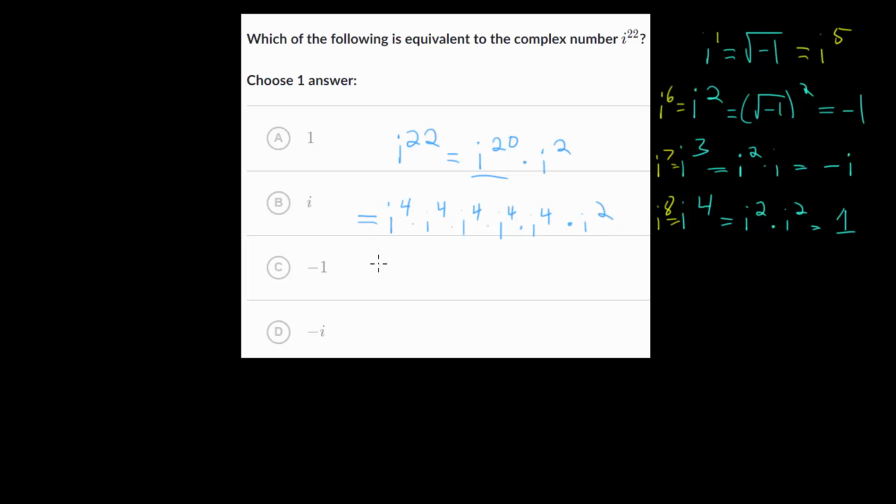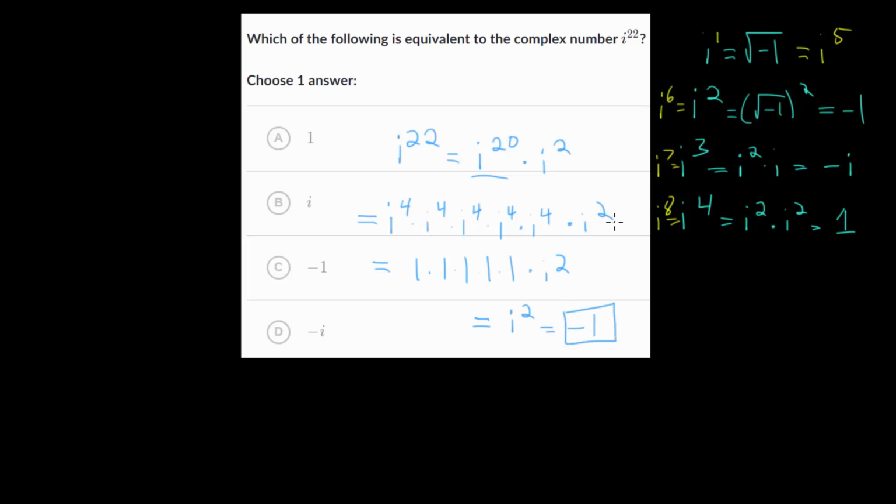Each of these i to the 4ths is just 1. So you get 1 multiplied by itself 5 times, and then i squared. And of course, 1 times 1 is just 1, and even if you do it 5 times, it's still just 1. 1 to any power is 1. So this is just i squared, and we know i squared is just -1.